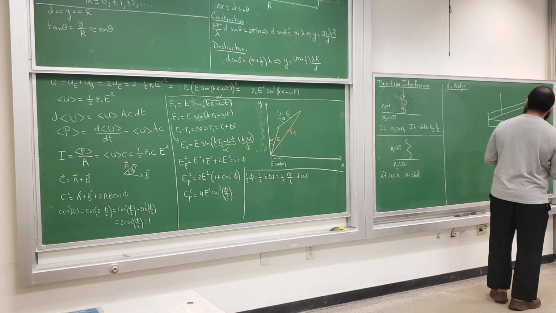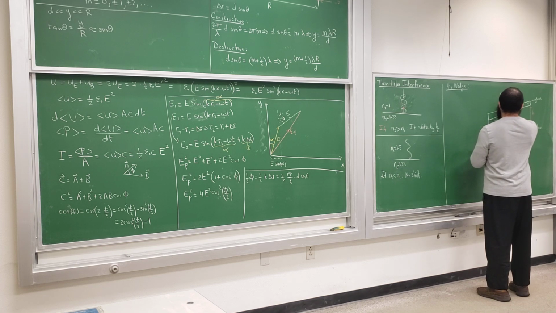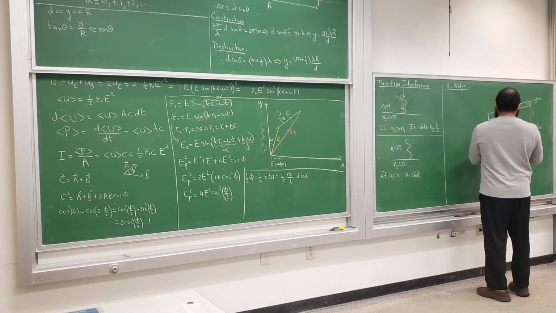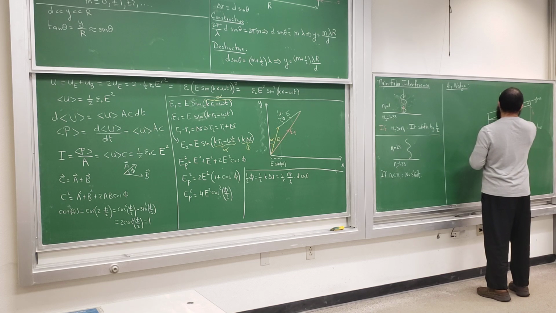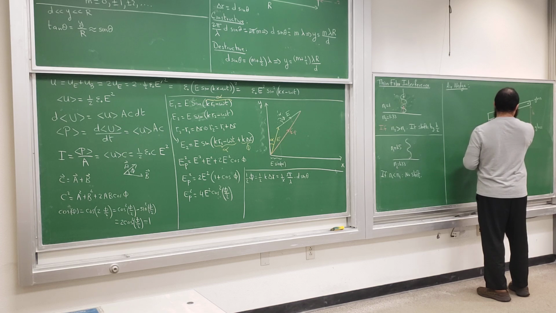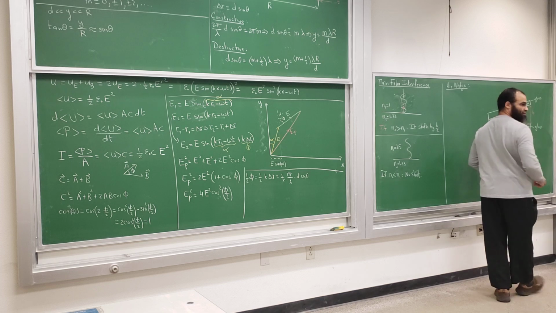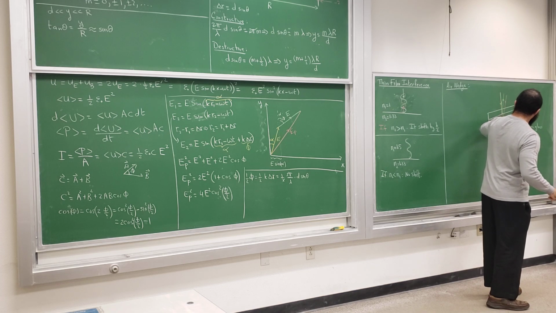When it gets here, some of this light will reflect, but some of it will actually go through and then reflect from here. Okay. Some of it will come through and then reflect from there.